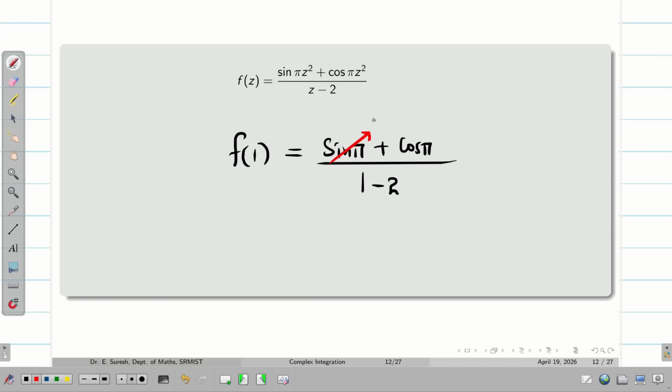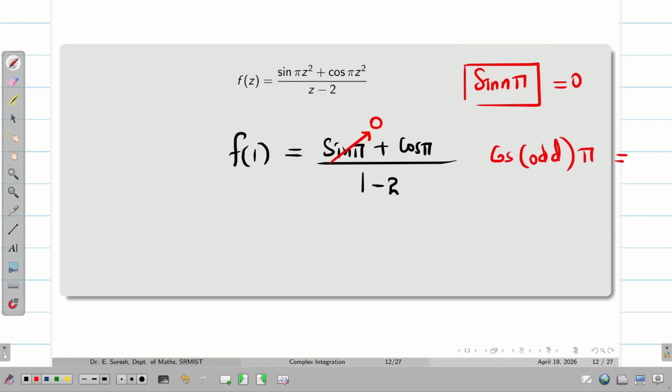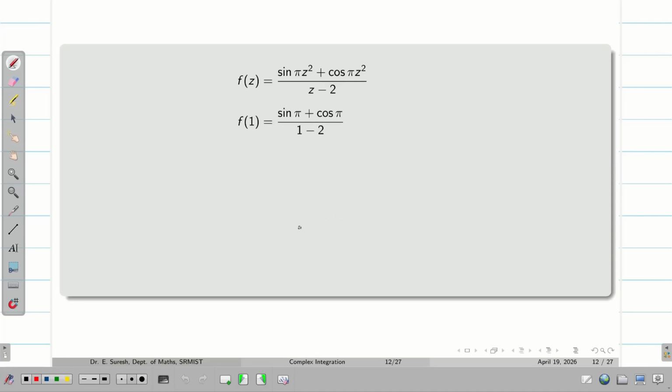We know that sin pi is 0 because sin n pi, when n is an integer, is going to be 0. And cos of odd pi is minus 1 and cos of even pi is plus 1. Therefore, f of 1 is 0 minus 1 divided by 1 minus 2. So we get minus 1 by minus 1. It is 1. So f of 1 is 1.